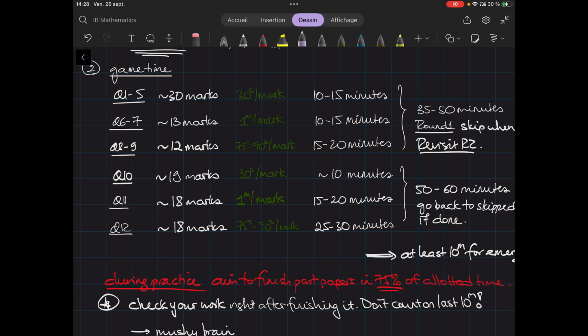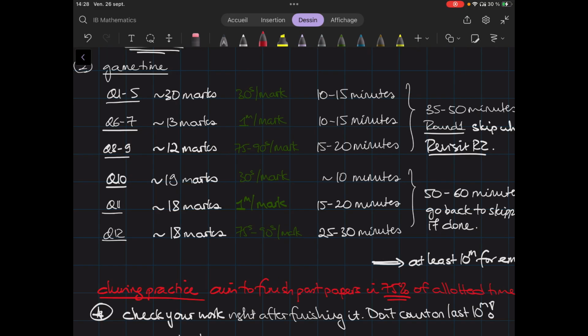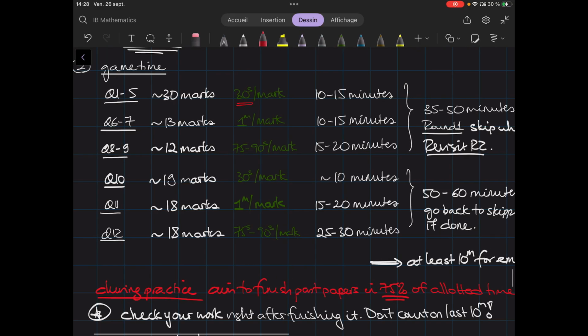Questions 1 to 5, this is the easy stuff. Because it's easy, don't spend more than 30 seconds per mark. For example, if they give you, let's say, if log base 2 of 3 is equal to A, express log base 2 of 12, that question is technically worth 2 marks, but it should take you 2 seconds to write down the answer if you're working at level 7.